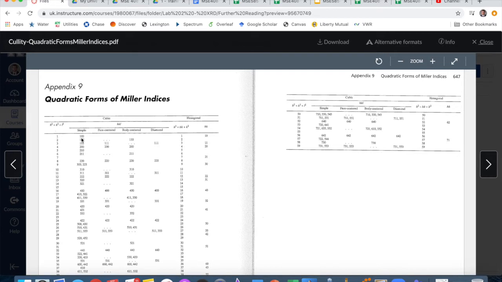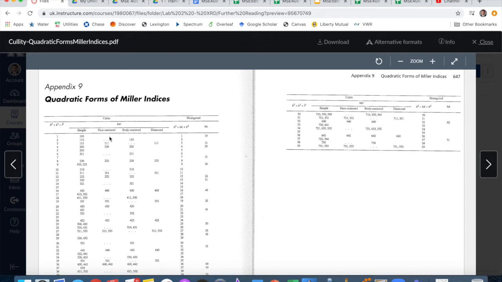But if you look at these various HKL values, you'll see that here we have values here, here, here. Basically the first 6 until we get to 7 are taken up. So those are the allowable S values. So basically we have 1 through 6 as the allowable S values for simple cubic.